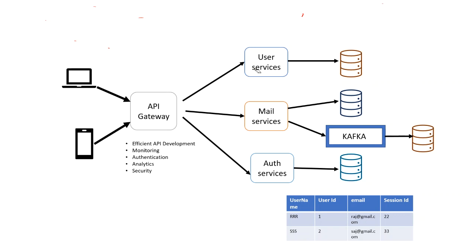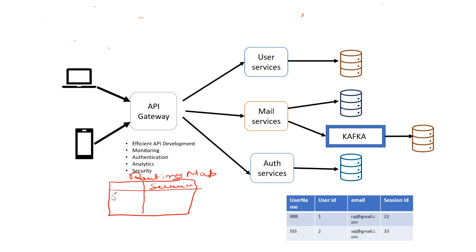Now, let's try to understand how this actually works. Let's take an example that you are trying to send an HTTP request. What happens here is that in the API gateway, there would be a routing map. Sorry, it's not an authentication table, it is a routing map, and inside this routing map you will have the IP addresses, services, and which IP address the request needs to go to.